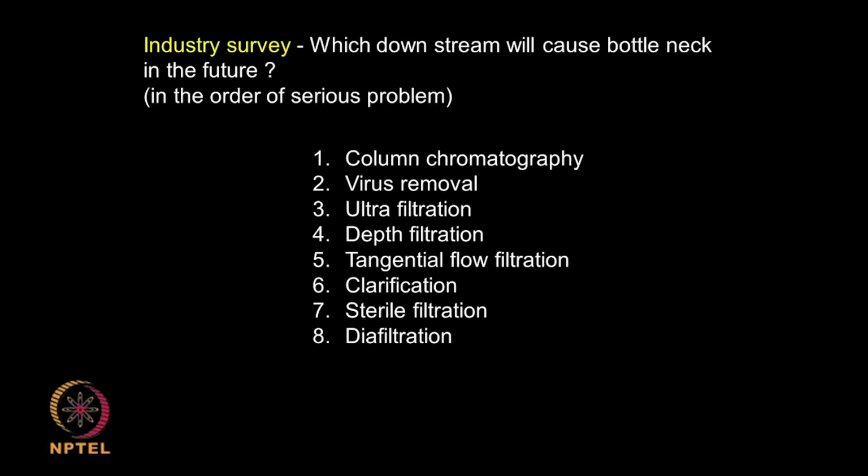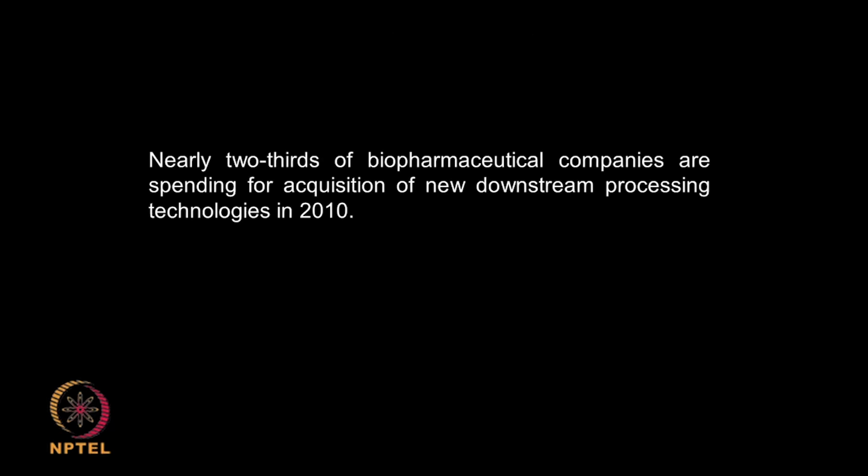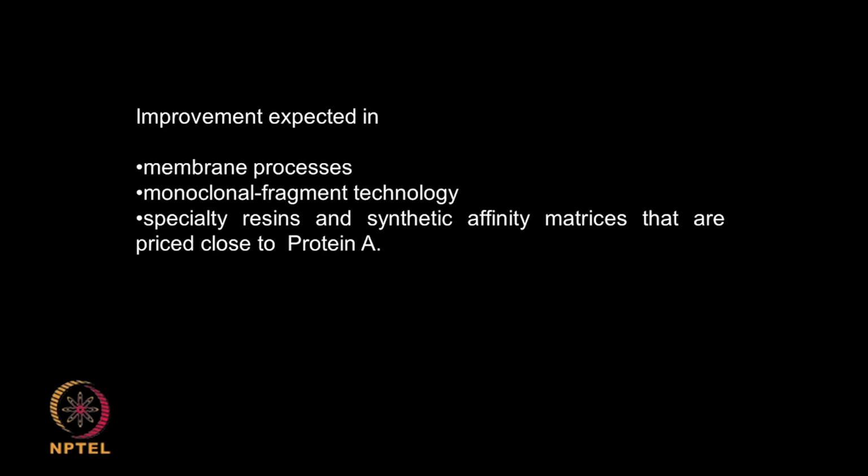Okay. Nearly 2/3 of biopharmaceutical companies are spending on acquiring new downstream processing technologies. So they are looking around at what type of technologies are available. So 2/3, that is a big number of companies who are worried about downstream and how to acquire new technologies. Okay. So what is going to happen? Improvement is expected in membrane processes.